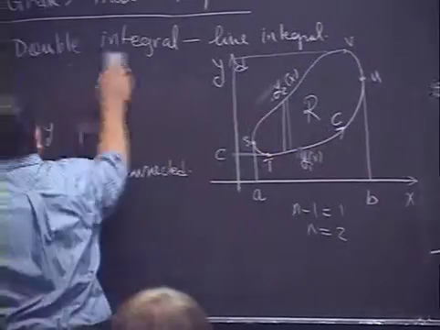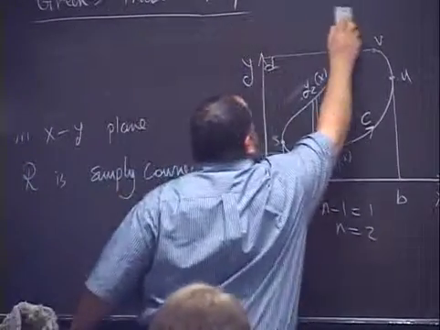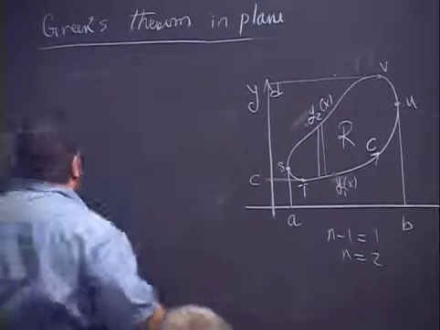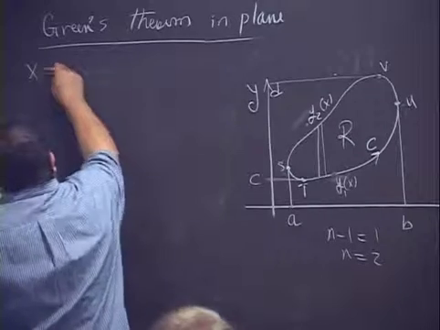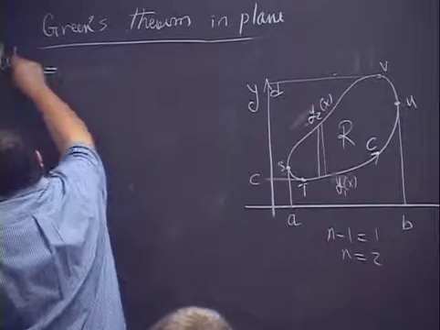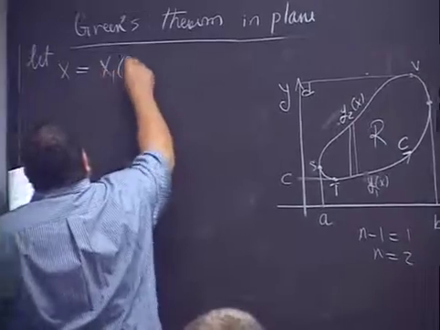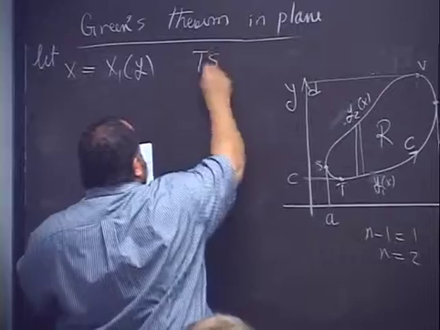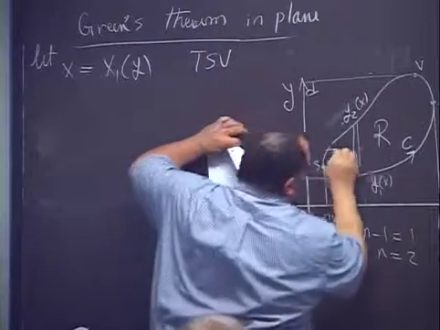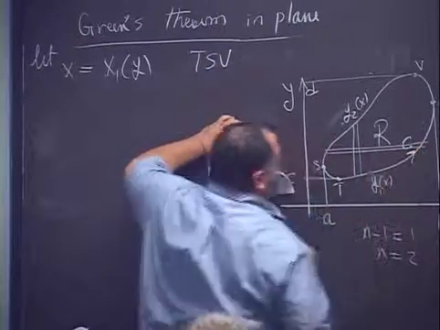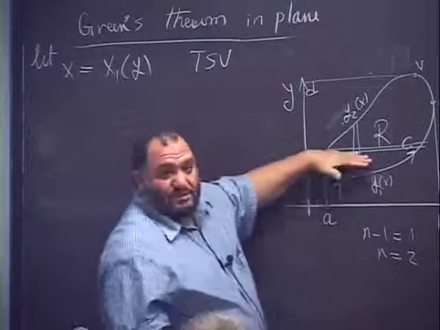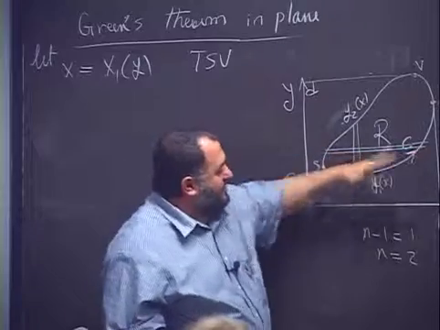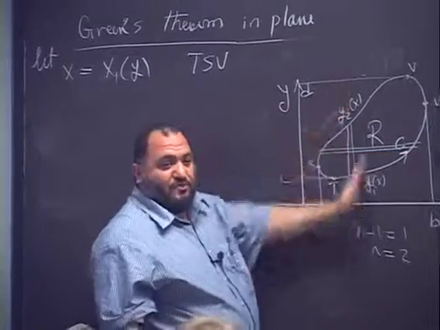Yes? I can still do the same. So let's do the same for x now. So let's assume that x is x1 of y for the contour TSV. Now we will integrate in what direction? We'll integrate over y. Okay, we'll integrate first over x, then we will move the integration over y.